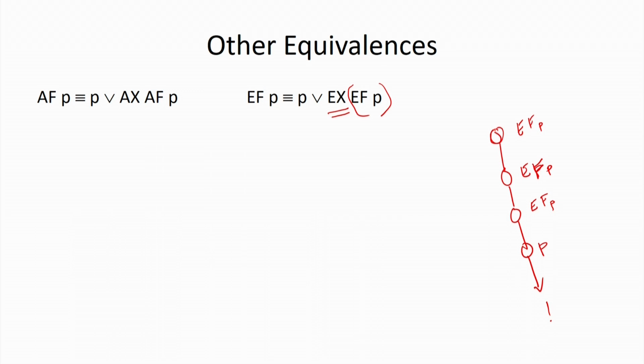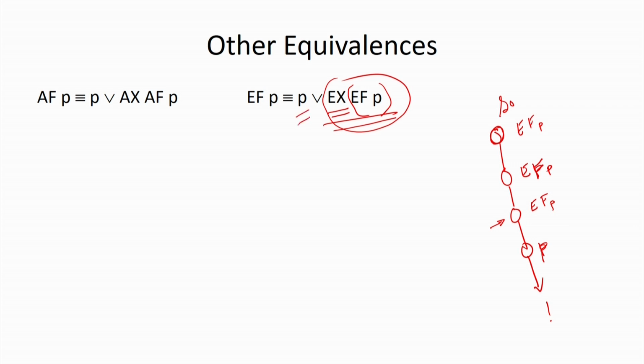If I am looking at a particular state 0, and there exists a path in the next state where EFP is true, then we can say that EFP is true in this particular state. So, this is the component that we have. EFP is true in a particular state if there exists a path in the next state where EFP is true. And if P is true in this particular state, EFP is also true. Like that, EFP is equivalent to P or EX EFP. So, this component is clear to us.